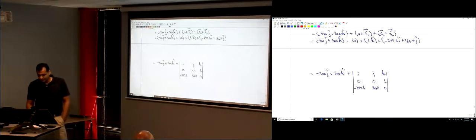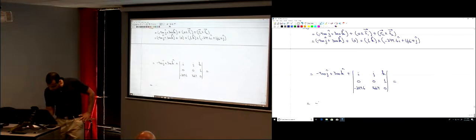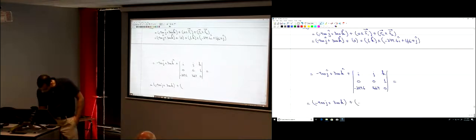So this part is negative 400J plus 300K, and this part is going to be equal to negative 166.4I minus 249.6J.